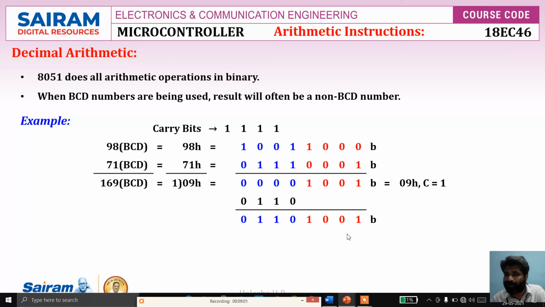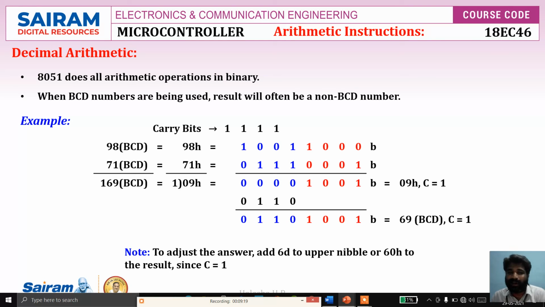If you add 6 to the upper nibble, the result becomes 69 with the previous carry. Now this carry will be considered as the most significant digit. Then together it becomes 169. So to adjust the answer, 6 to the upper nibble, or 60H, is added to the result since the carry flag is set to 1.